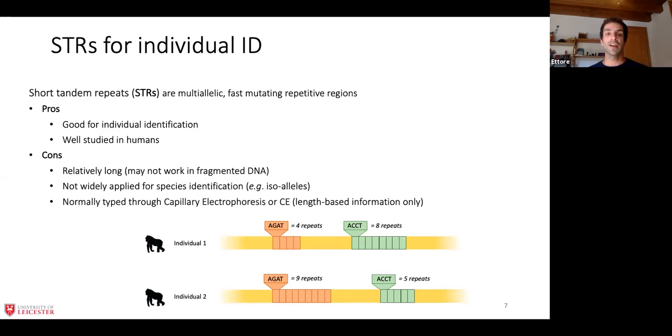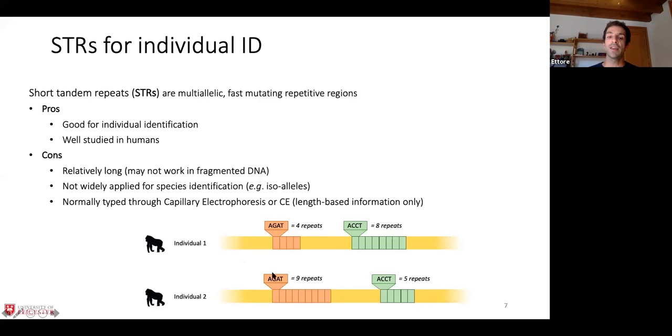As I said, I've been using a human kit which contains markers, which are known regions of the genome used for DNA testing. In this case, these markers are short tandem repeats, or STRs, which are multi-allelic, fast-mutating repetitive regions. Roughly speaking, STRs are known regions of DNA made of blocks repeated in tandem.